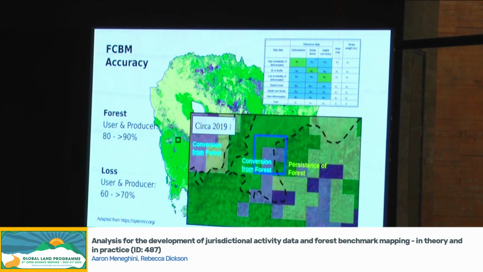The map has to achieve an accuracy of between 80 and more than 90% for your forest class for both the user and producer accuracy. The loss class has a range of 60 to more than 70%. And the reason I have broken this out is that it depends on the canopy cover predominant in your jurisdiction. It is pretty recognized that a lower canopy density of forest is more difficult to map than closed canopy forests.